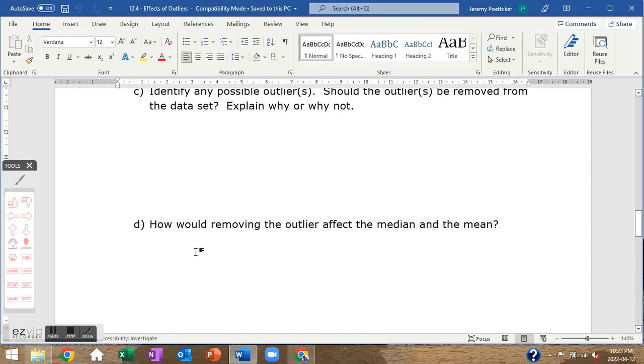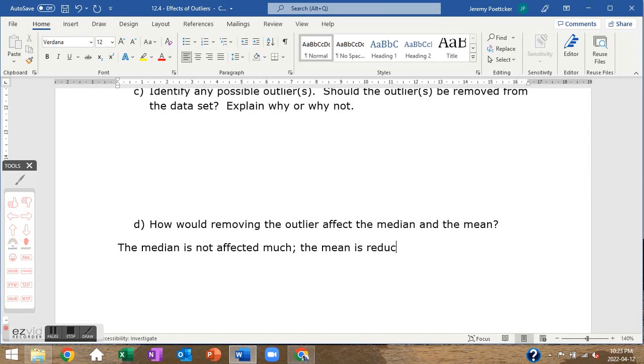The median is not affected much. The mean is reduced a lot, from 5.7 down to about 2.9. All right, so that's the effect of removing the outlier. That's what it does.